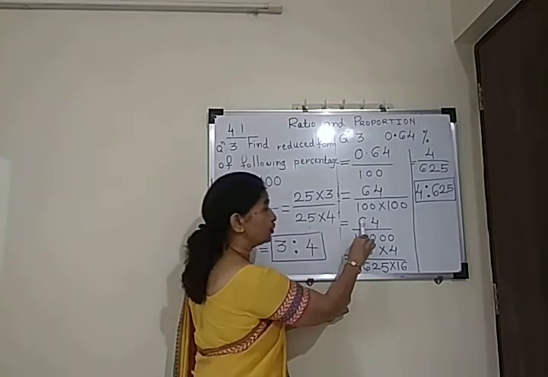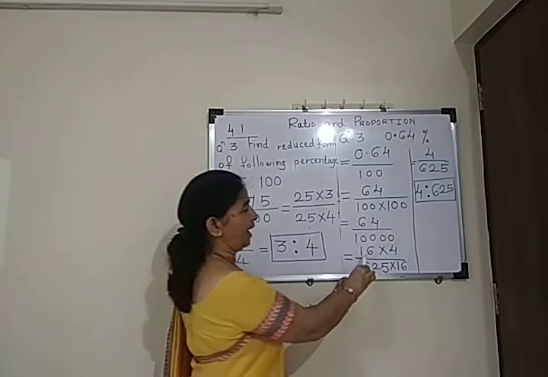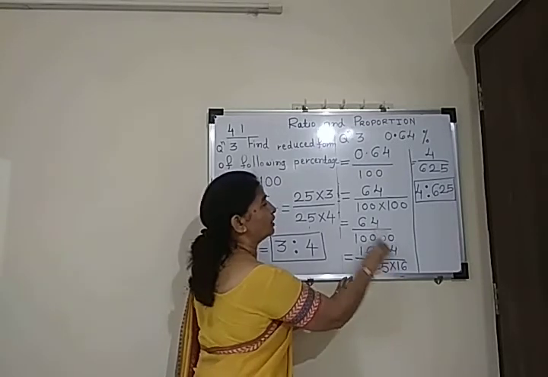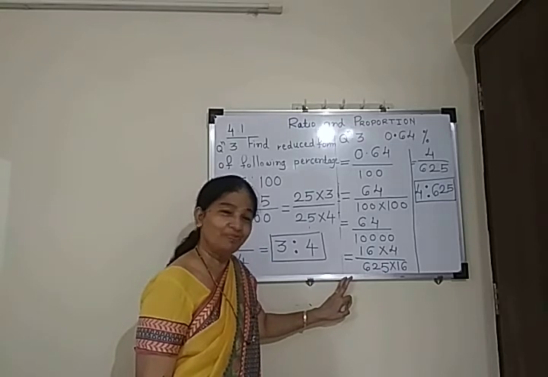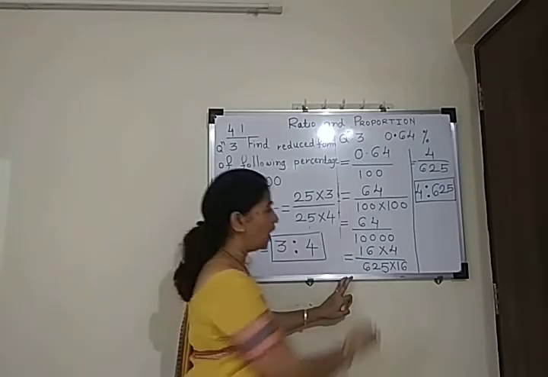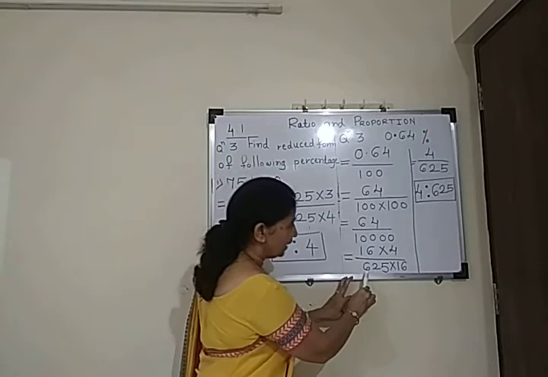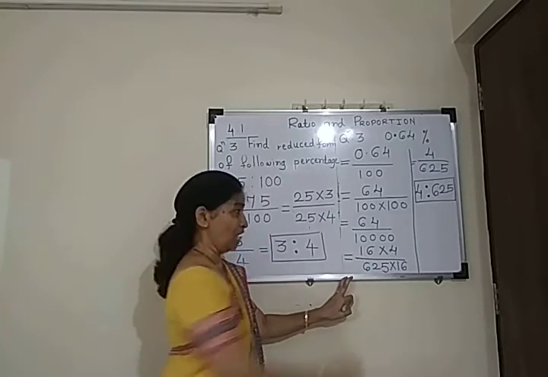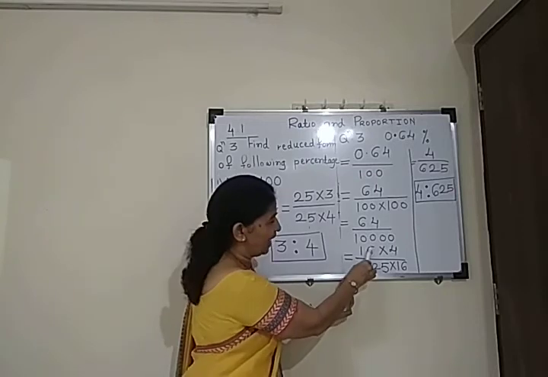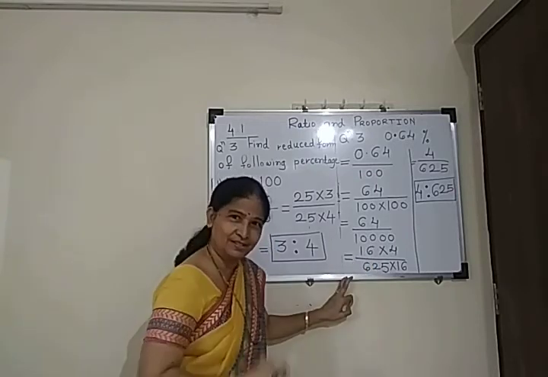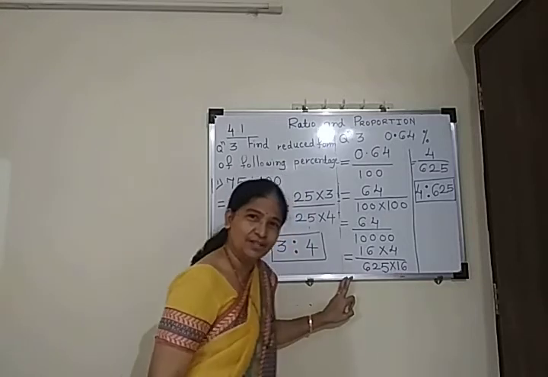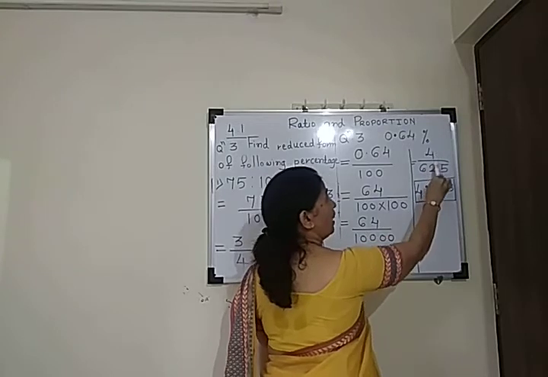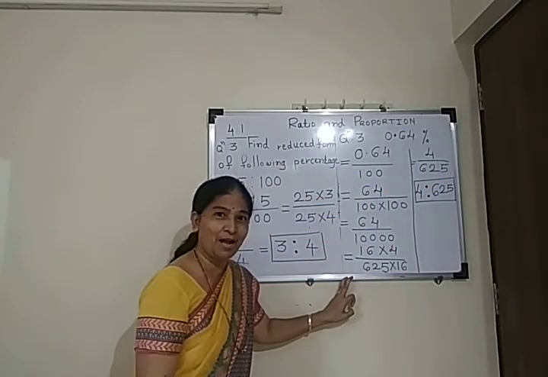For that, 64 I split as 16 into 4, because 16 4s came as 64. 10,000 also I split as 625 into 16. Now see, I can divide as 16 1s are 16, 16 1s are 16. So what I got is 4 upon 625.